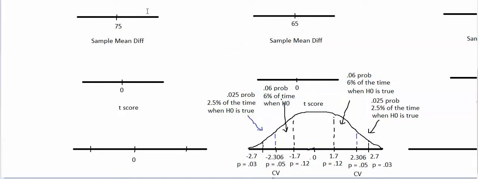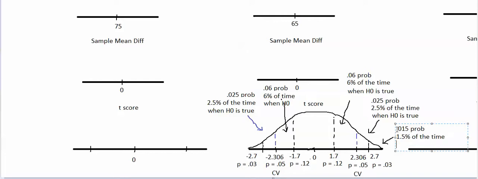And we can do it one more time right here. These two t-scores, 2.7 and negative 2.7, had a p-value of 0.03. And that means that if we divide 0.03 by 2, this is 0.015 probability. And if you multiply 0.015 by 100, it comes out to 1.5% of the time.